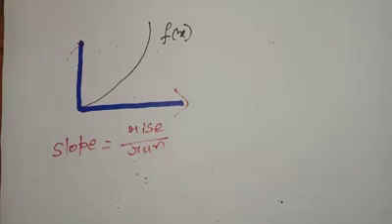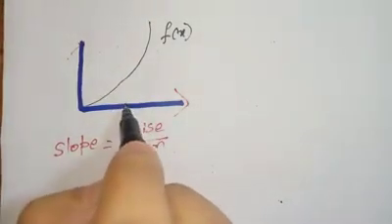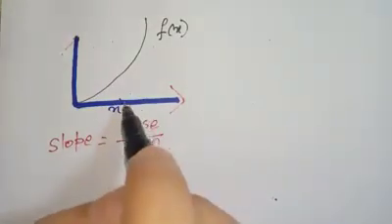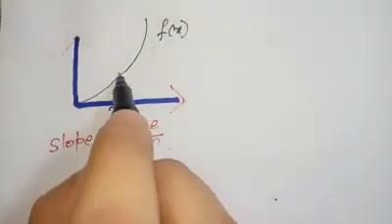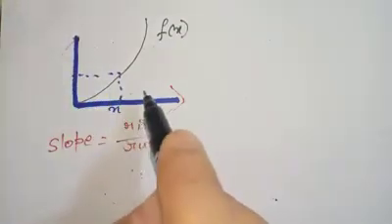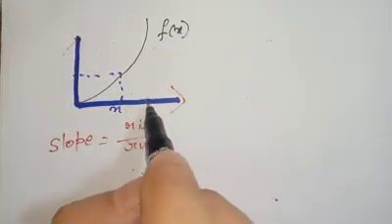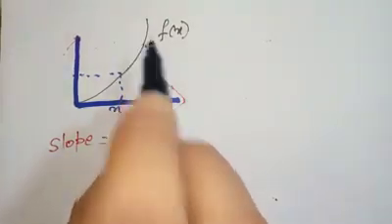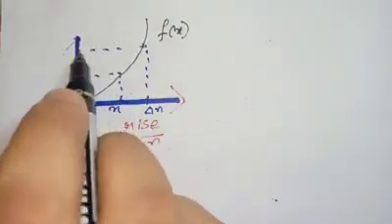Now say for example, we want to find the slope at a particular point, and I mention this point as x, right? So what we do over here is join this point up to here, and then we move this x to this point so that it becomes delta x, and we drop a further point and we join this axis.